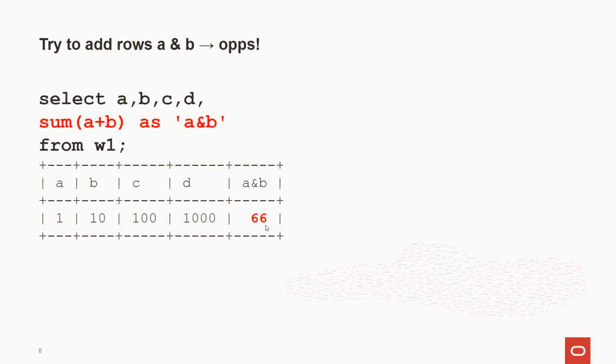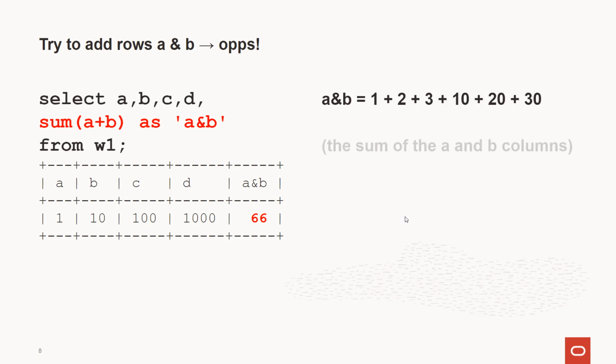Well, what went on there? Well, what happened is we took all our 3 rows and the 3 values for A and the 3 values for B and put them together, and that ends up being 66. This is where you can often mislead yourself and not get the numbers you want.